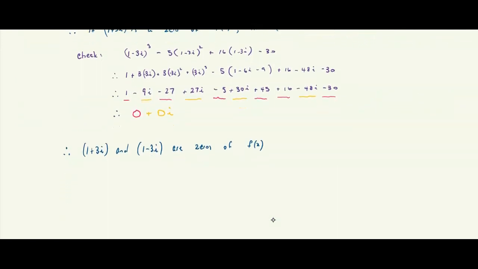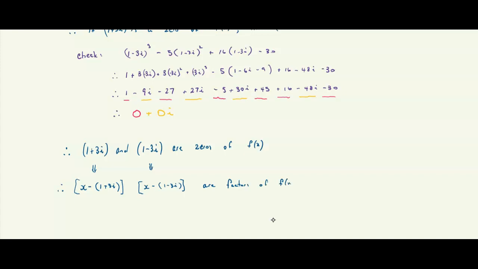Well, if they're zeros, then we can say therefore that x minus (1 plus 3i), that guy, and x minus (1 minus 3i), those guys are factors of f(x).